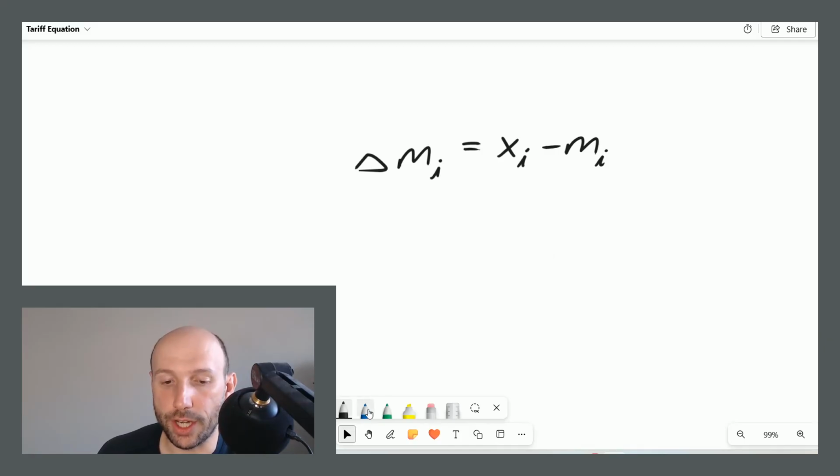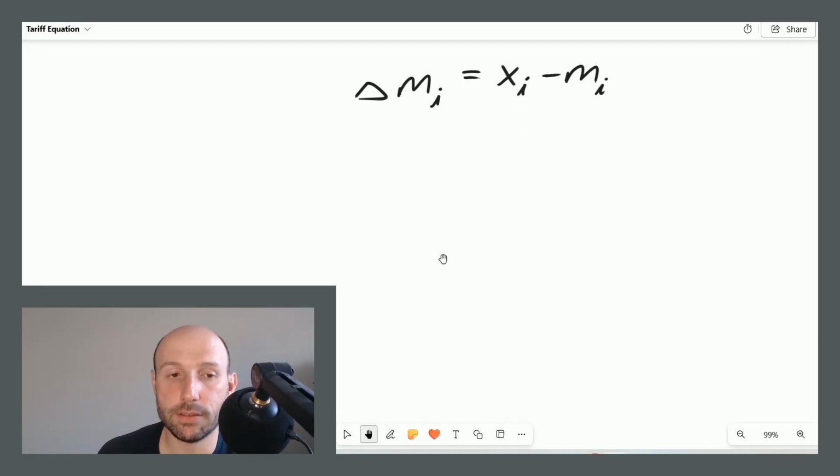So what change in tariff rate would result in such a change in imports?